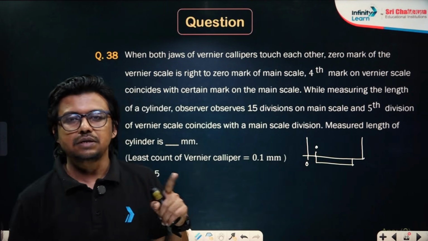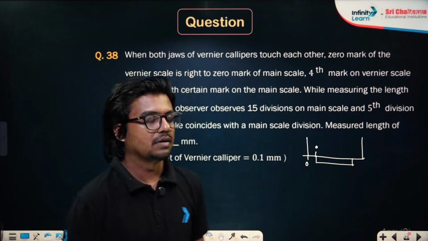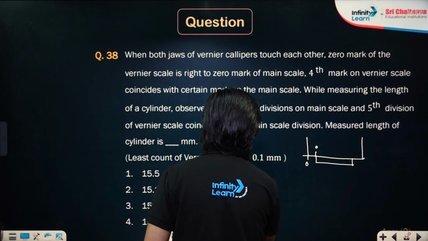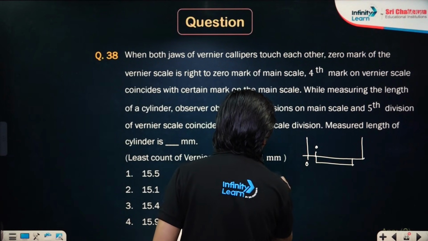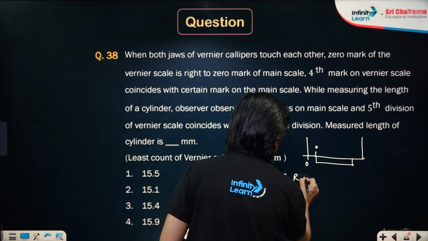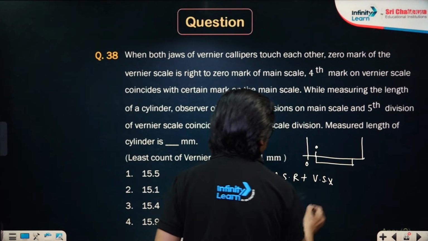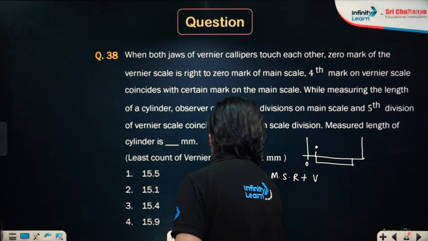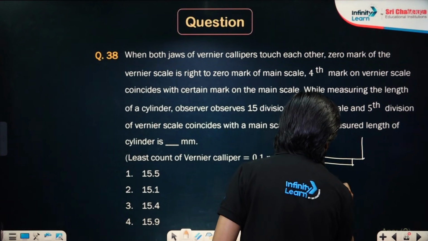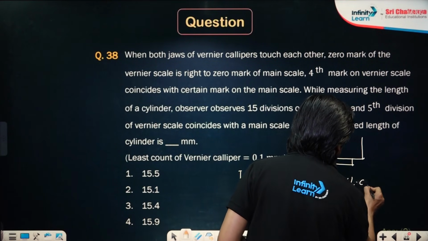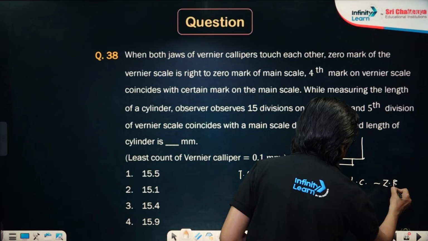So this kind of 0 error is actually a positive 0 error. So to write the total reading, you should write main scale reading plus vernier scale reading into least count minus 0 error.